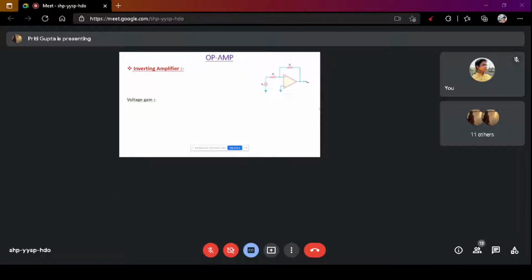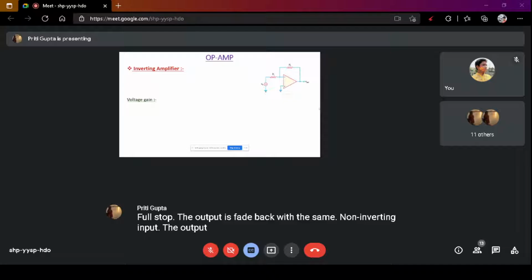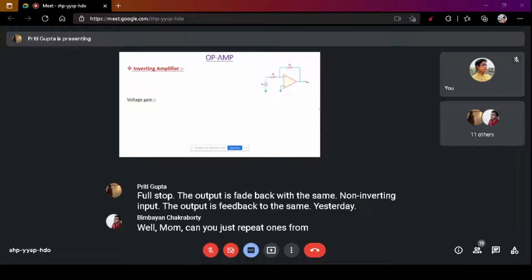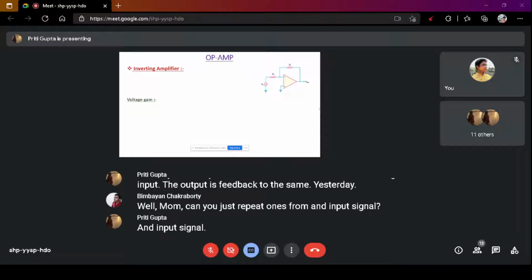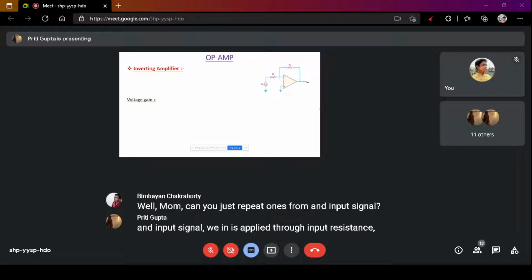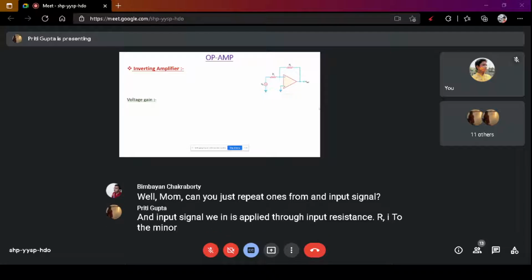Full stop. The output is fed back to the same non-inverting input. Ma'am, can you just repeat once from an input signal? An input signal Vin is applied through input resistance Ri to the non-inverting input.